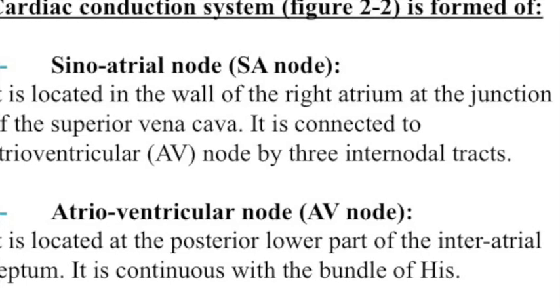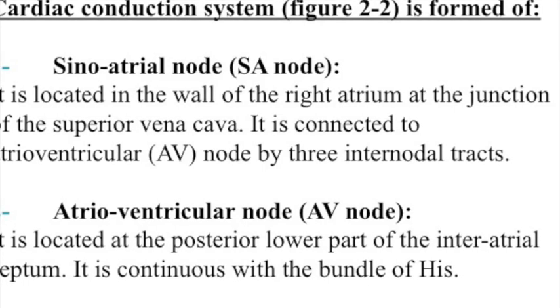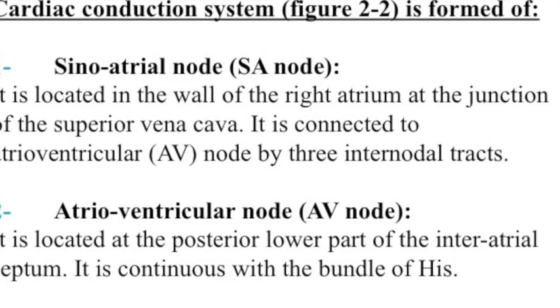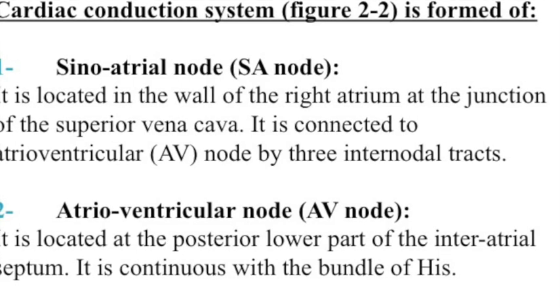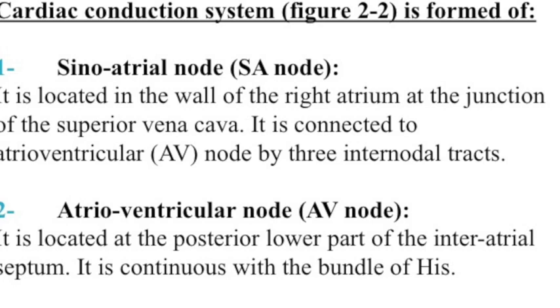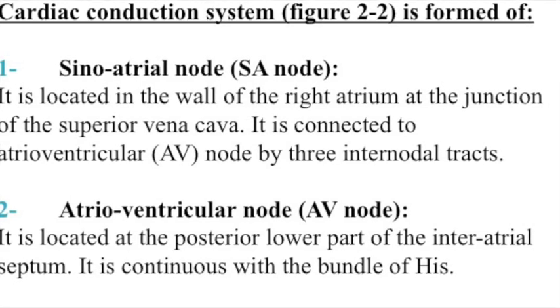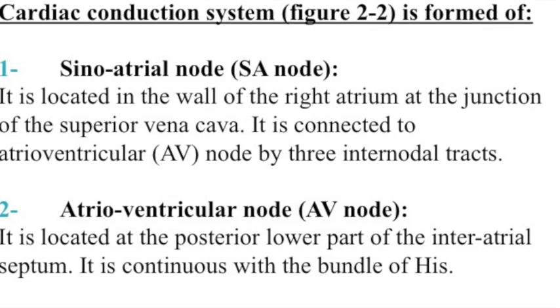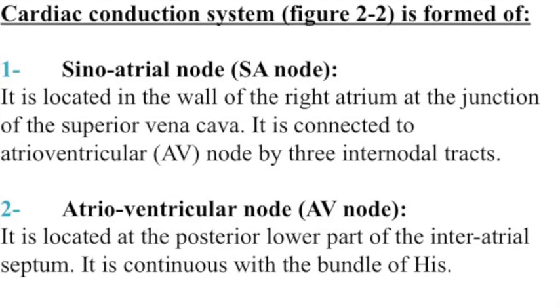Its activity is myogenic, as I told you, and not neurogenic. Only the nerve supply regulates the rate of the heart. You want to accelerate the heart, you want to slow the heart. So the sympathetic and parasympathetic nerves can control the speed of the heart.